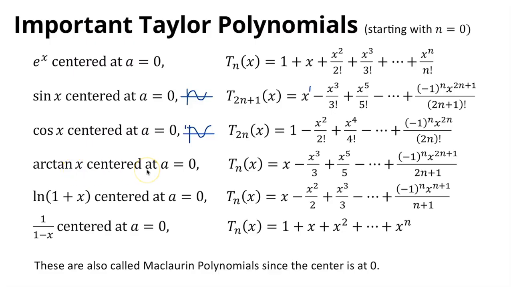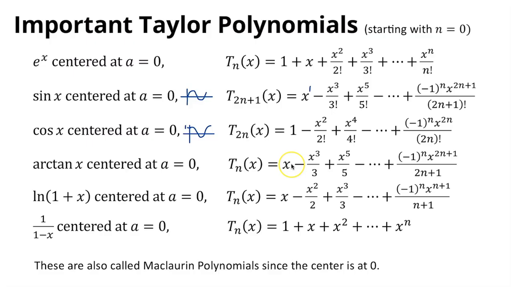Arctangent is next here. And so this one centered at 0, the nth degree polynomial looks like x to the first minus x cubed over 3 plus x to the fifth over 5. So the general term, negative 1 to the n, x to the 2n plus 1 over 2n plus 1.